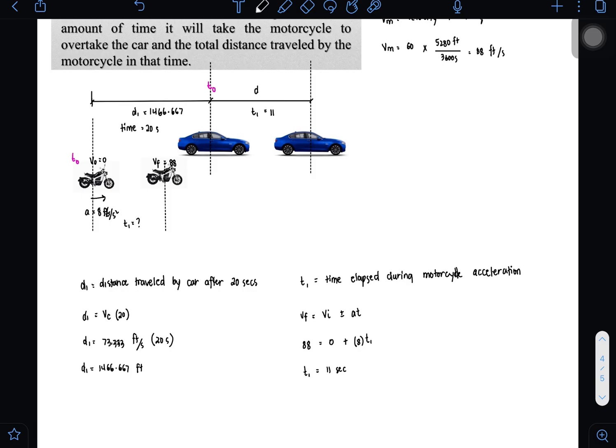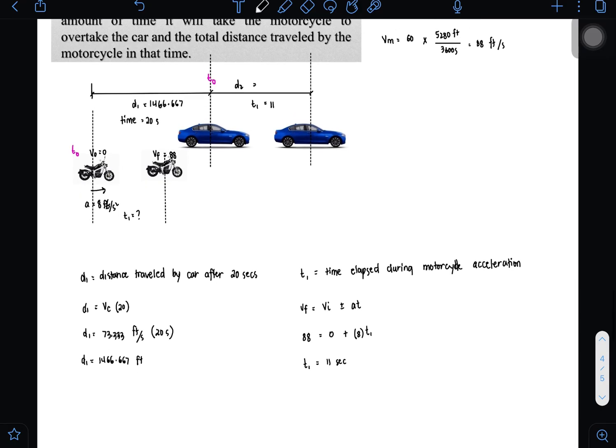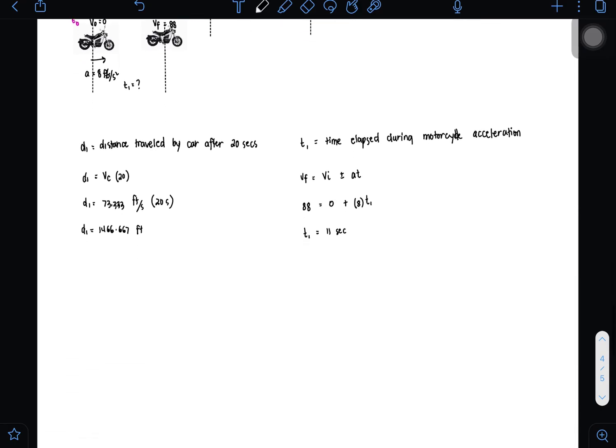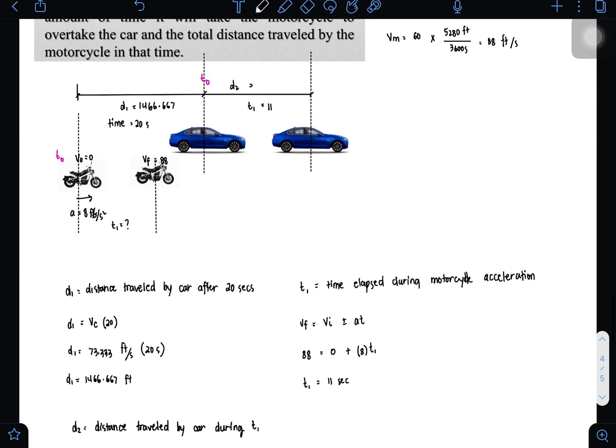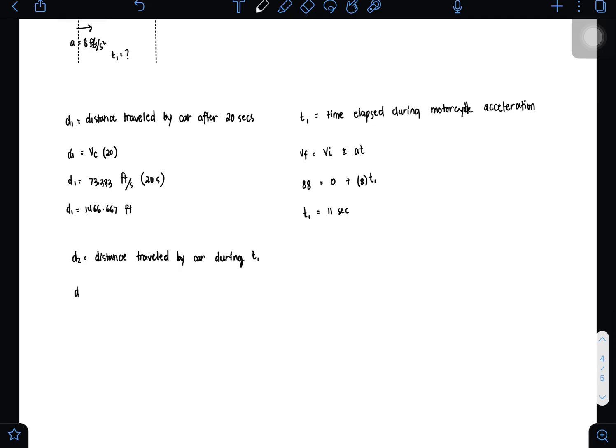So I'll call this distance number 2. How much is distance number 2 traveled by the car? So we're going to solve. Distance 2 is the distance traveled by the car during time 1. With the constant speed of the car, d2 is velocity times time, so that would be 73.333 times 11 seconds.